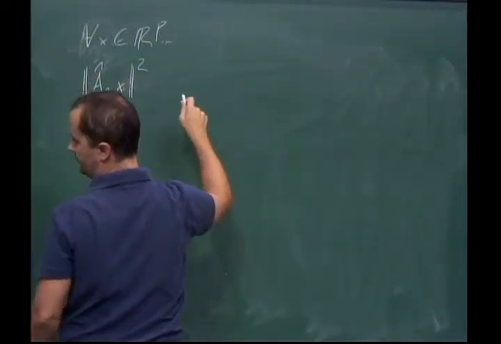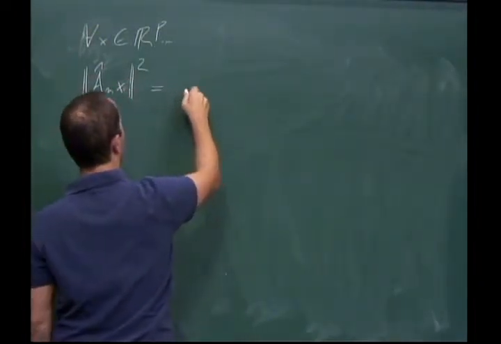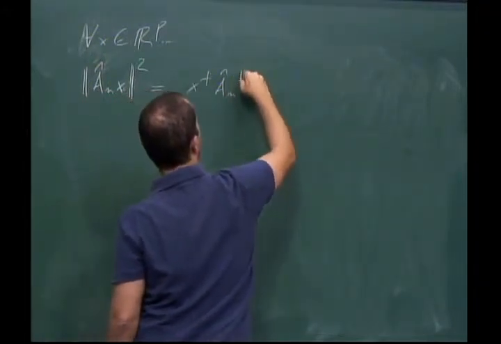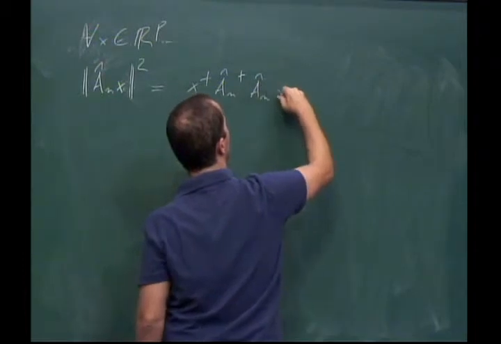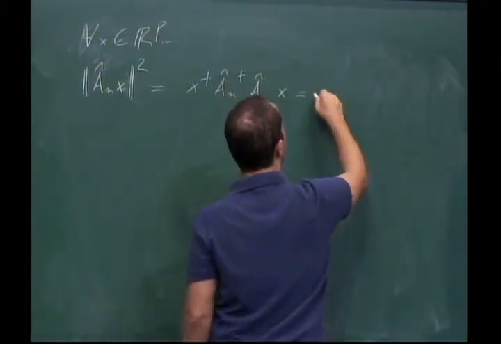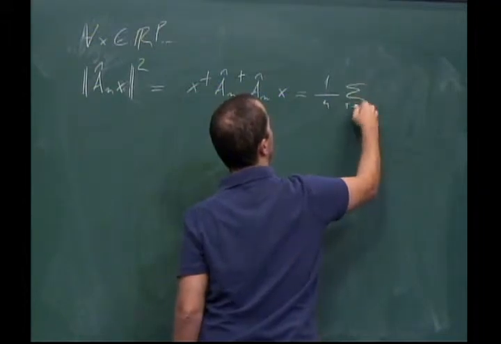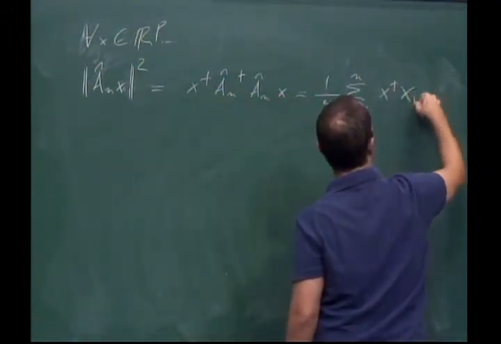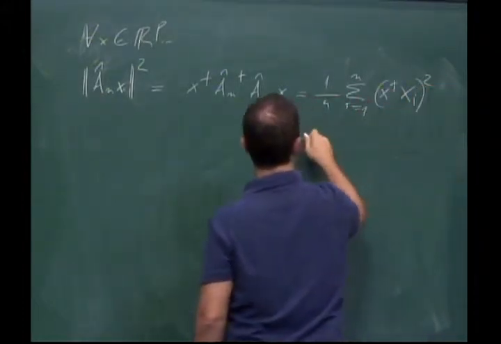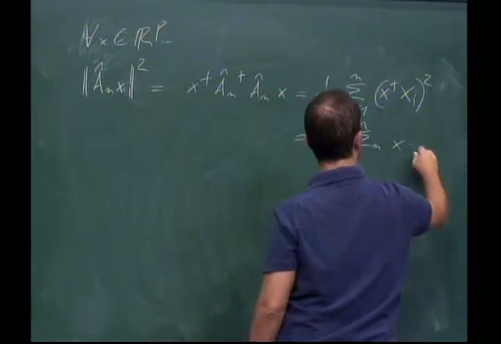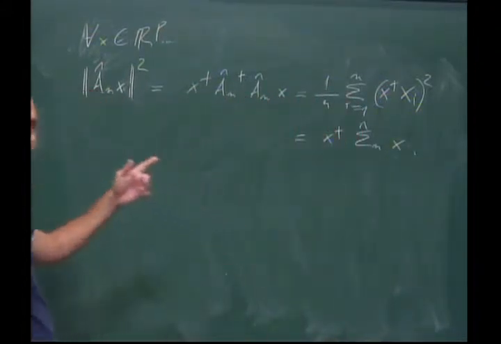It's x transpose alpha hat n transpose alpha hat n x. And this is going to be exactly this. So it's the same kind of covariance type matrix that we considered before.